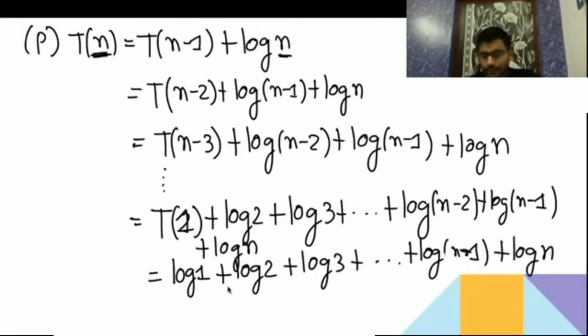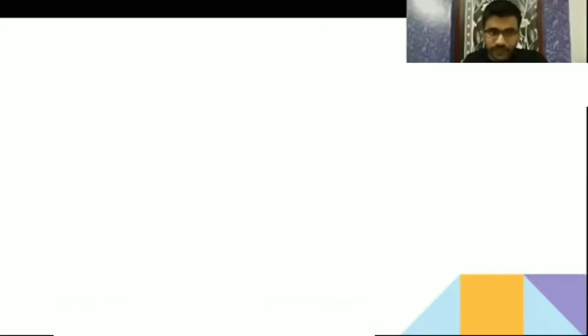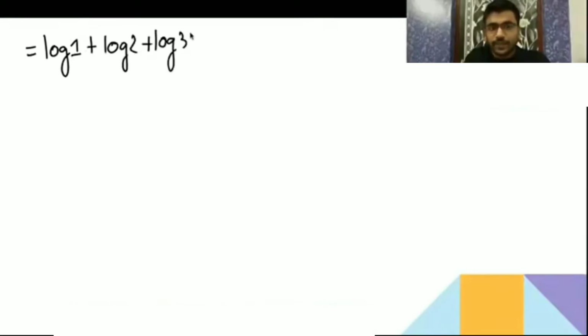Now since it is a sum, we are going to use the property of log. You have seen all this was in plus, like log of 1 plus log of 2 plus log of 3, till log of n minus 1 plus log of n.